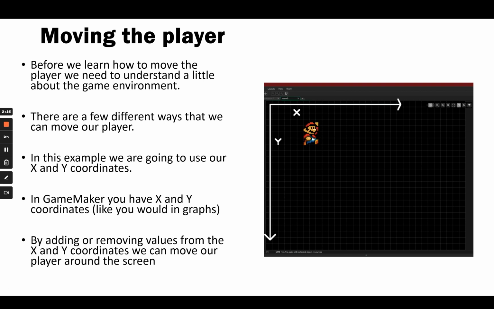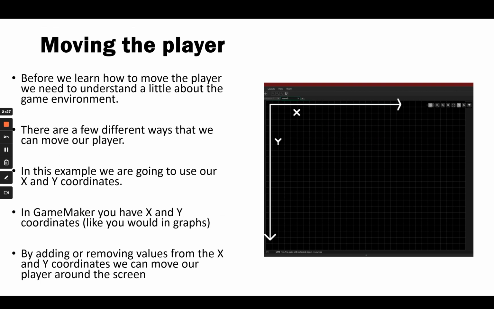Let's say, for example, if I want to move my player over towards the right, what we would do is apply a value to the X. If I wanted to move my object down, we'd then apply a value to the Y. And that will allow us to move in a direction.